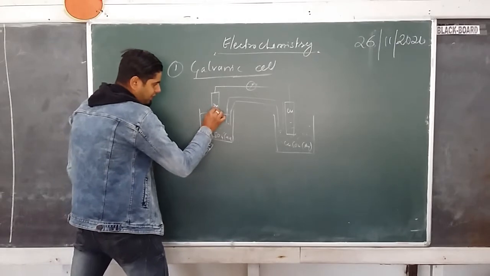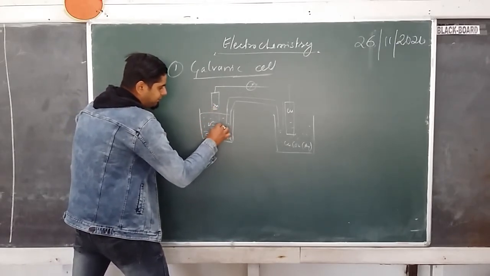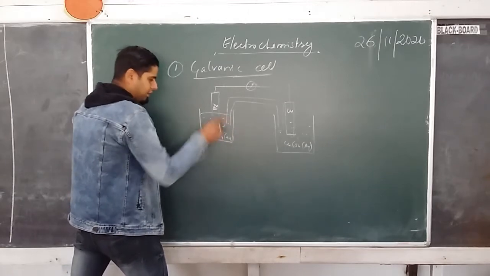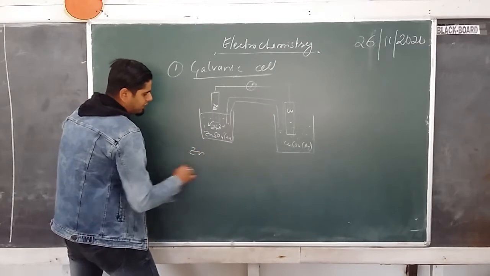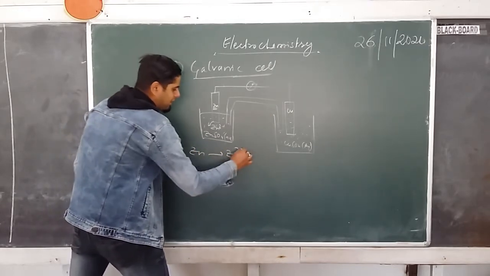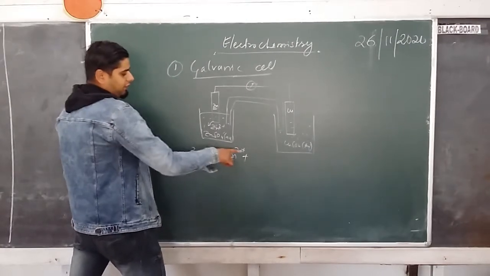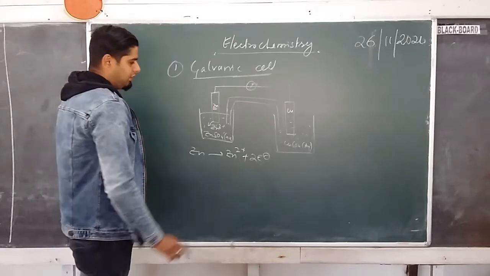Now, from this zinc electrode, zinc ions are discharged into the electrolyte, and suppose zinc is producing Zn2+ ion and there is a formation of two electrons, yes or no?